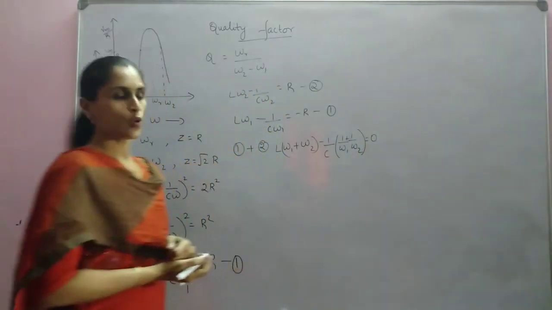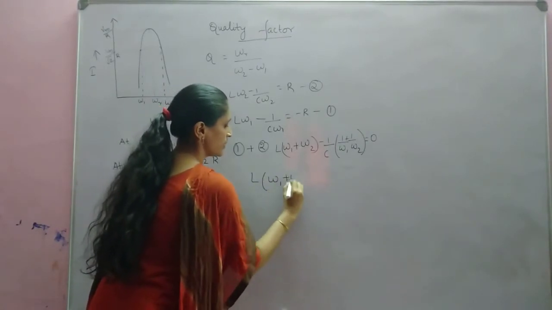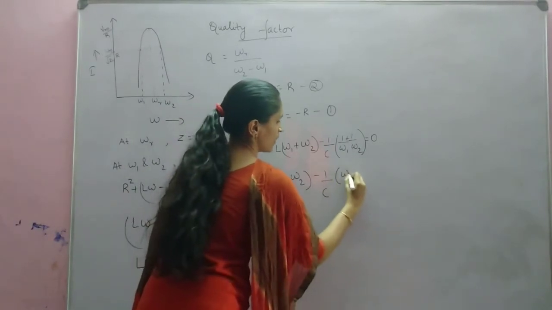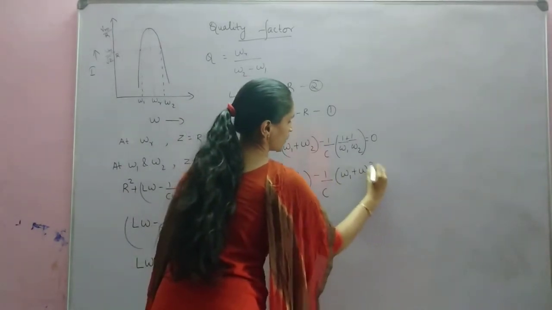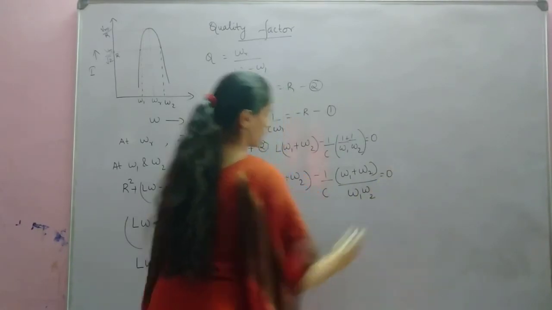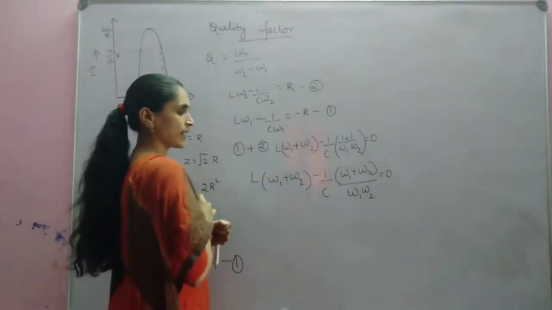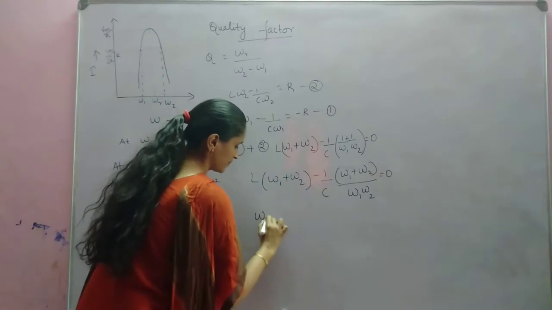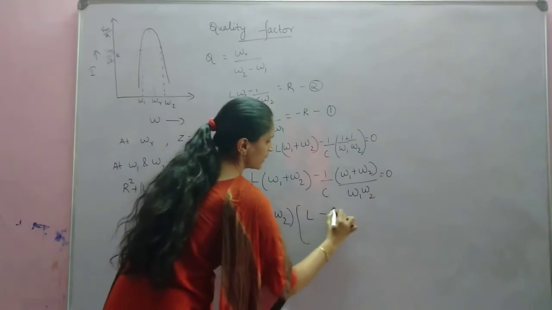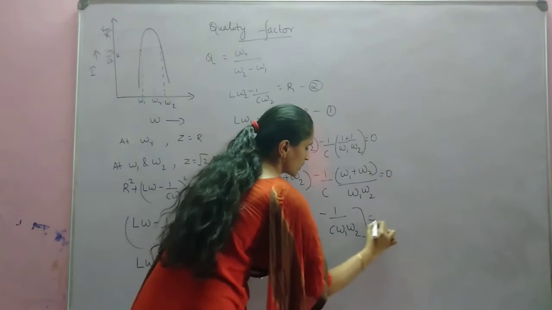Or we can write L into omega 1 plus omega 2 minus 1 by C into omega 1 plus omega 2 divided by omega 1 omega 2 is equal to 0. Or omega 1 plus omega 2 can be taken common: omega 1 plus omega 2 into L minus 1 by C omega 1 omega 2 is equal to 0.